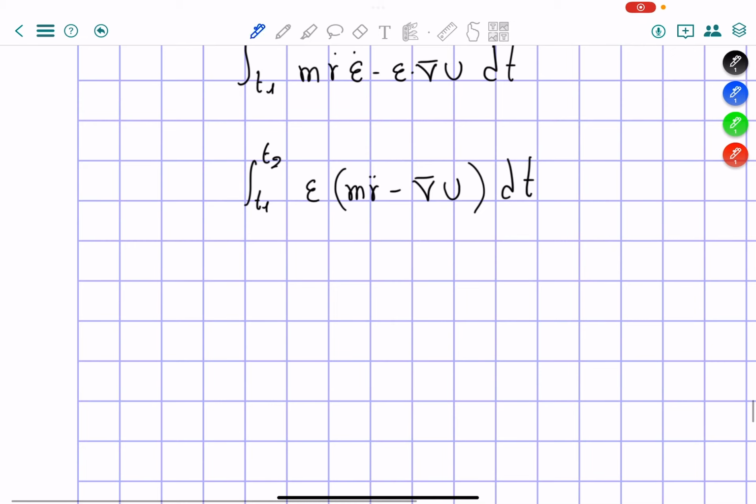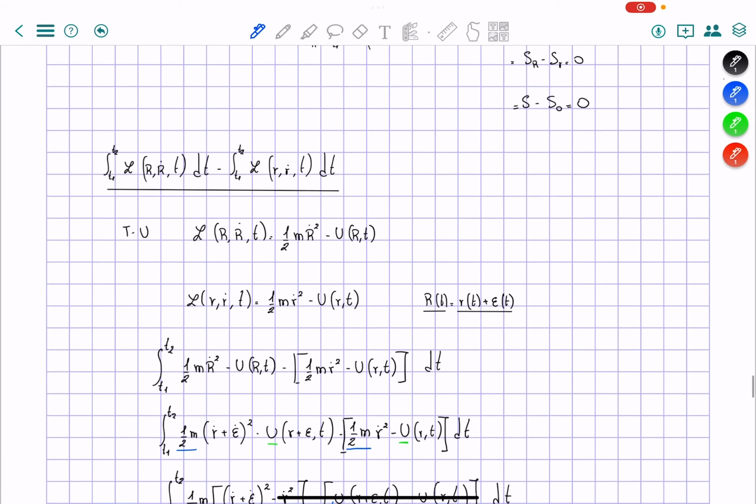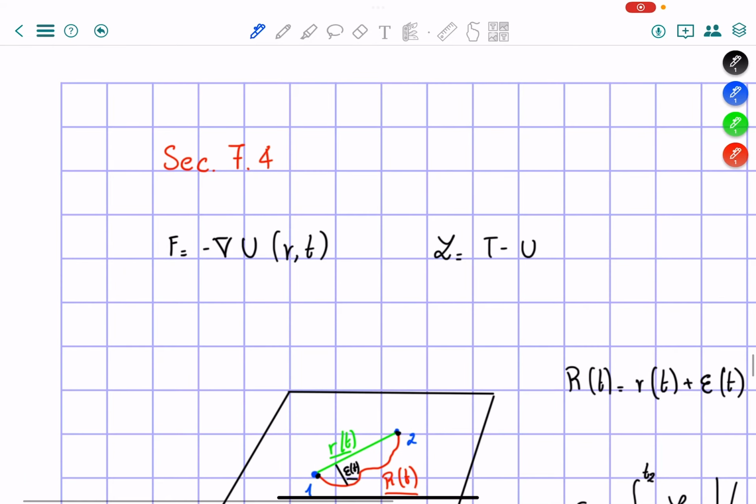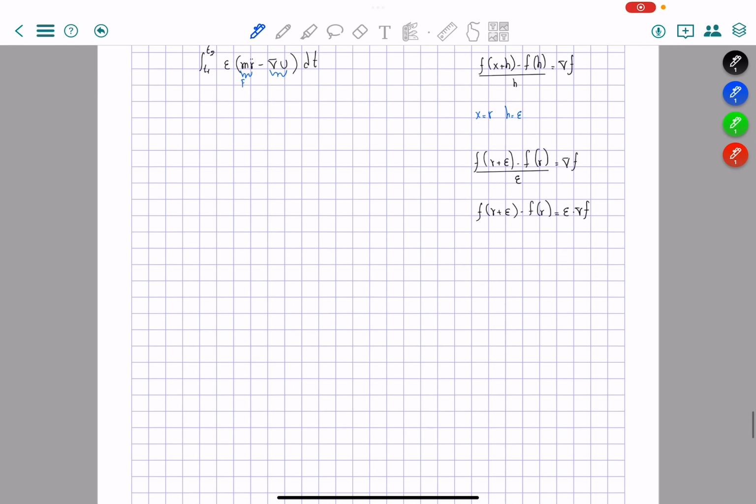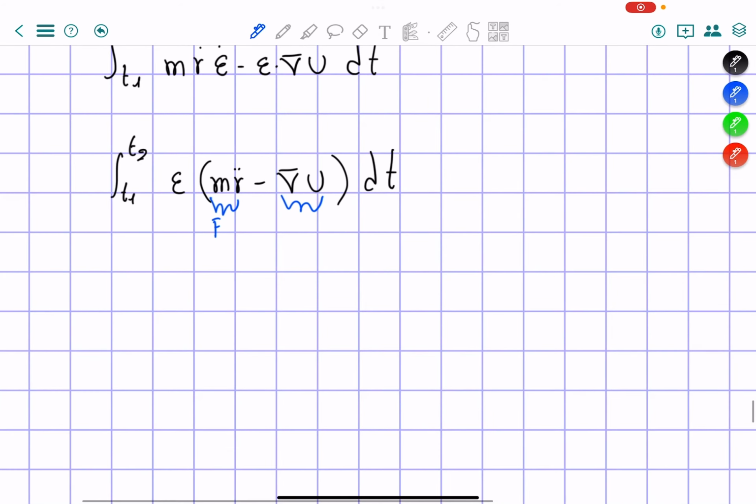But as you can see, this one here is equal to a force very clearly. And this is equal to what we just proved at the beginning, as you can see right here. So another force. Now, what is the difference in these two?